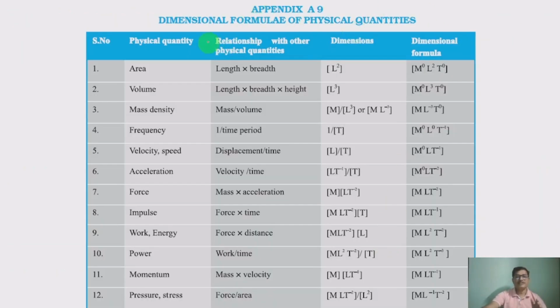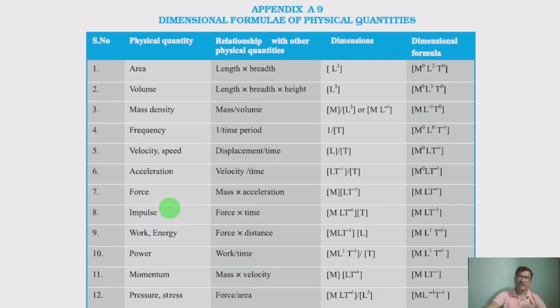Appendix A9 gives the dimensional formula of physical quantities. Here some 12 physical quantities are shown in the slide, and the remaining physical quantities are available in the NCERT book for ready reference, and you can refer to those.